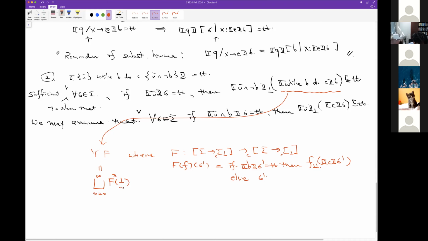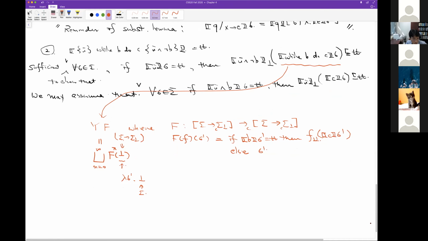So here, bottom means the semantic command that takes any state sigma prime and returns this bottom, which lives in sigma bottom. Okay. So this is what we have to prove. So we plug in the things that we have to prove and look at what our proof obligation actually looks like.